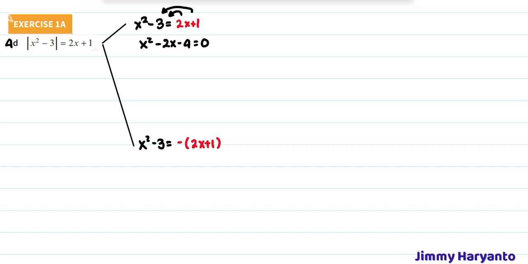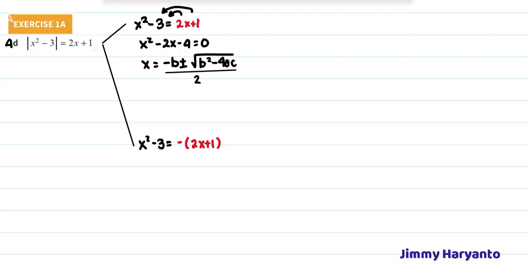For this one, I don't think we can use the factorization method. So we will use the formula negative b plus minus square root of b square minus 4ac over 2a.